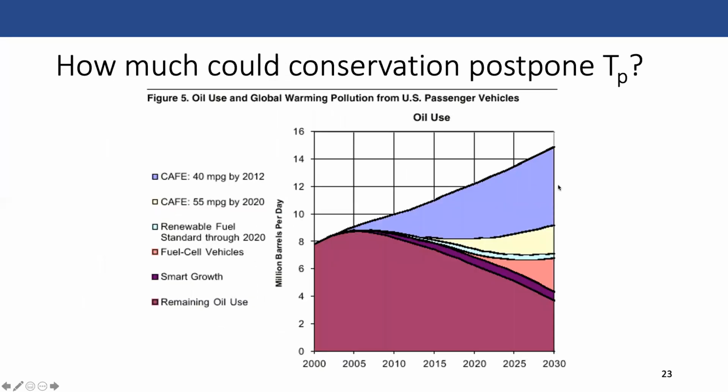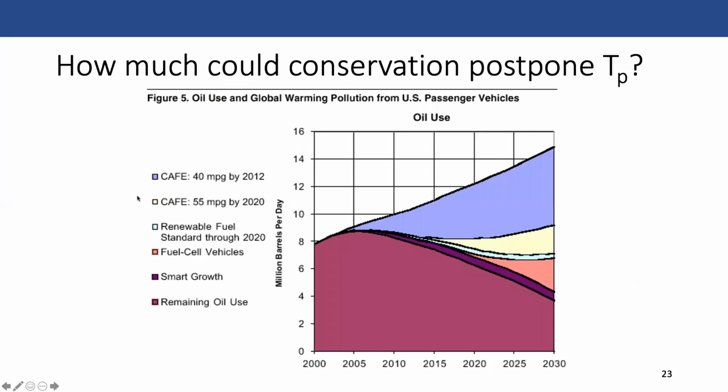Okay, thinking about conservation, how much could reducing our demand for oil postpone hitting the peak? I haven't talked about CAFE standards yet. These are fuel efficiency standards that basically require cars to be cleaner.